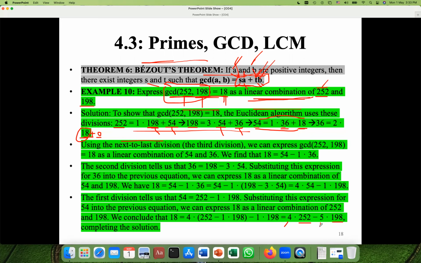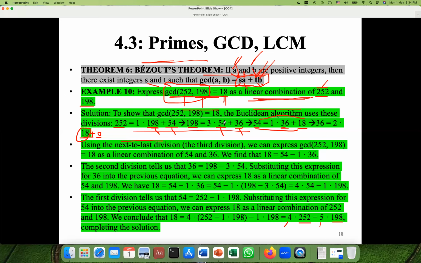So this 252 is your A, this 198 is your B, but these are the coefficients, 2, 4, and 5. These are the Bezout coefficients, S and T. You have to find that. And this is the linear combination. This is the linear combination of 252 and 198 with respect to this GCD 18.